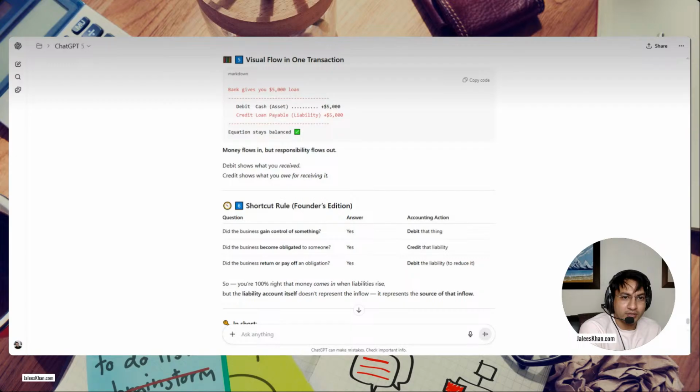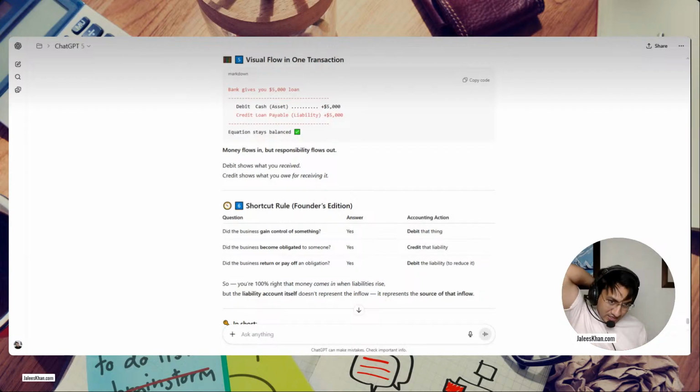It's credit because the bank trusted us, and we said we are going to pay this amount. Money flows in, but responsibility flows out. Debit shows what you received, credit shows what you owe for receiving it.